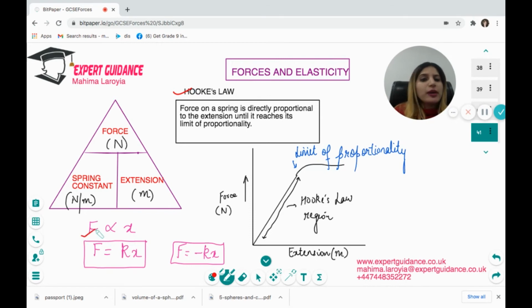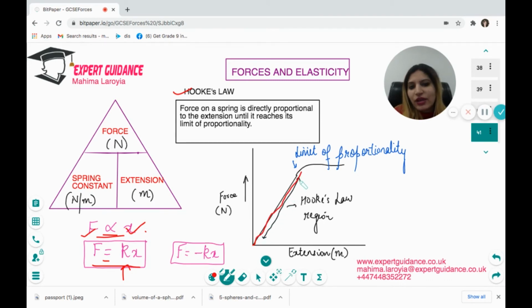So the force you apply is directly proportional to the extension. If you double the force, the extension produced in the spring would also double. We can write this as force is directly proportional to x. To convert the proportionality sign into an equal sign, we introduce k, the spring constant. So force equals kx, which means as we increase the force, the extension increases.